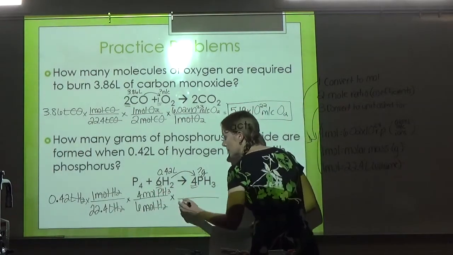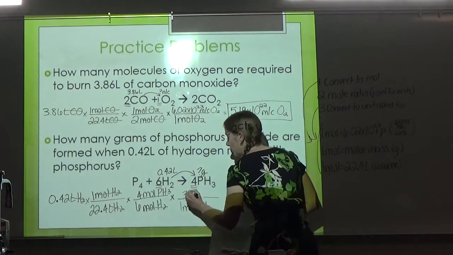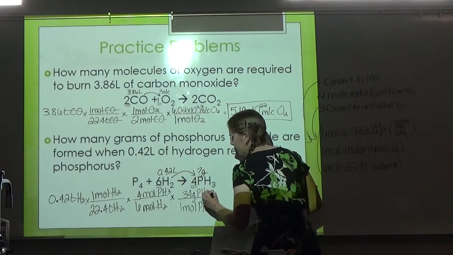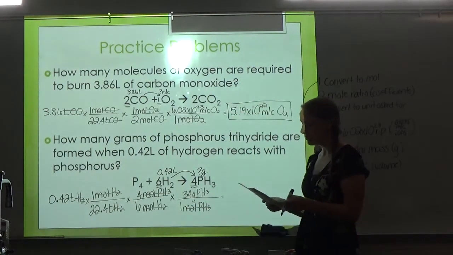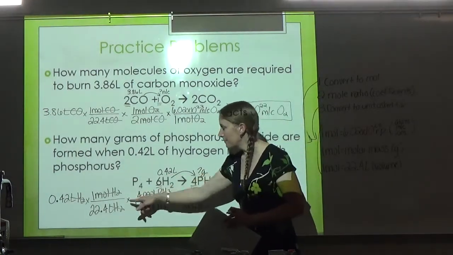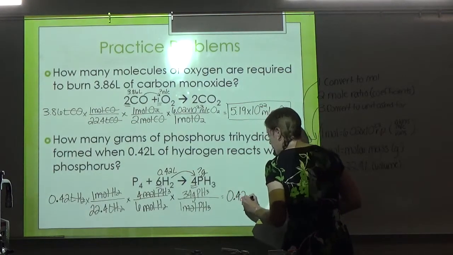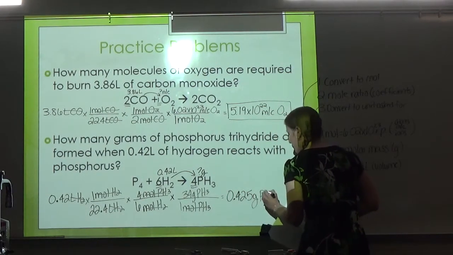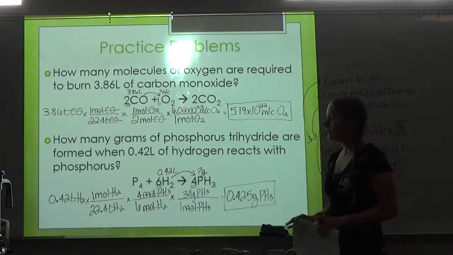But because the mole is on top, I'm going to put the 1 mole on bottom and the 34 grams on top. So then my moles of PH3 cancel, and then I'm ready to solve. So I multiply the top and divide by the bottom. And so for that, I ended up getting 0.425 grams of PH3. All right, and so there we go.